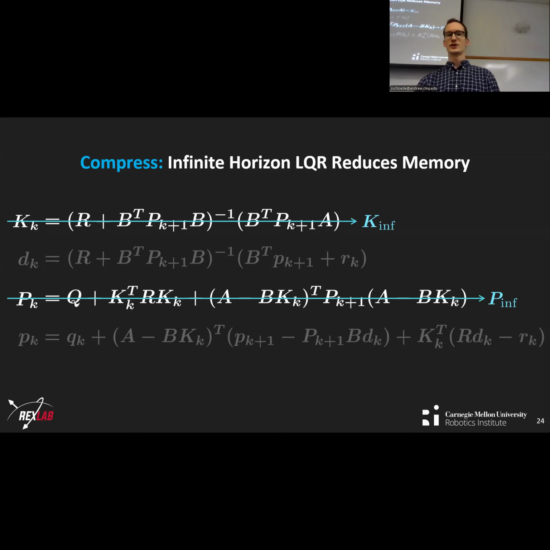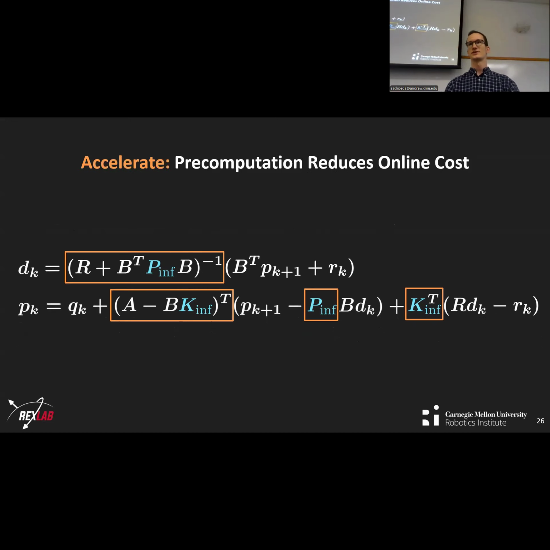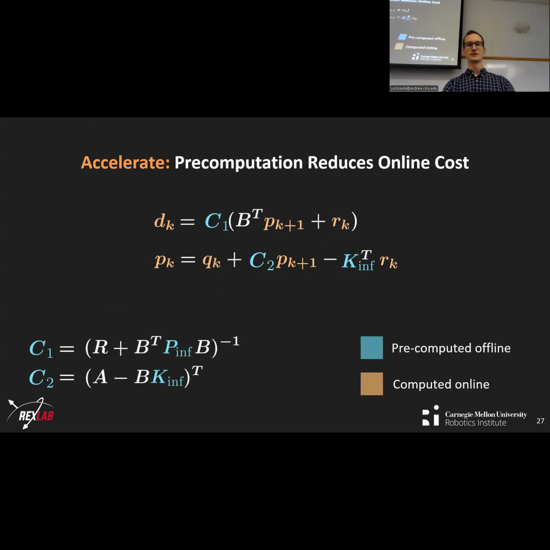And now that we have this, we can plug them into our linear terms. And we can see that we also know a lot of these terms as well. We know A and B, we know R. And so we can just single out this matrix inverse and a few of these matrix products. And we can pre-compute them because we're already pre-computing the K infinity and P infinity, might as well do more. We can pre-compute these guys offline.